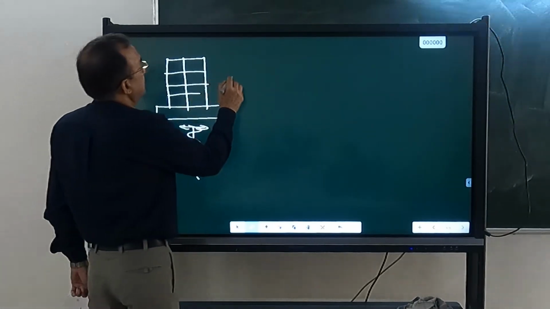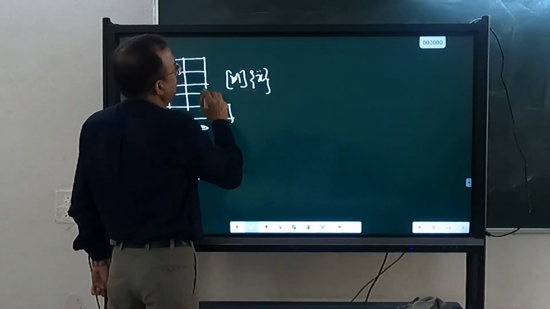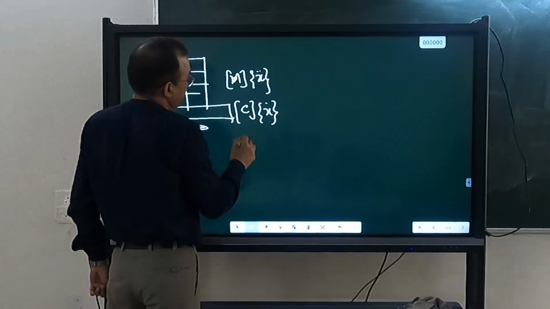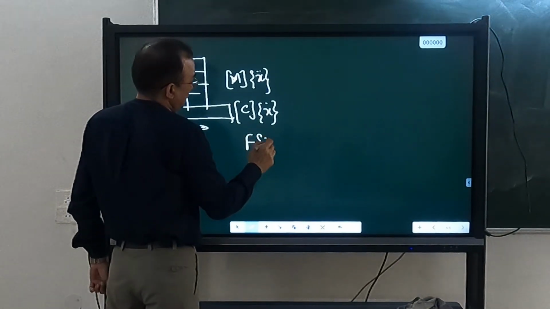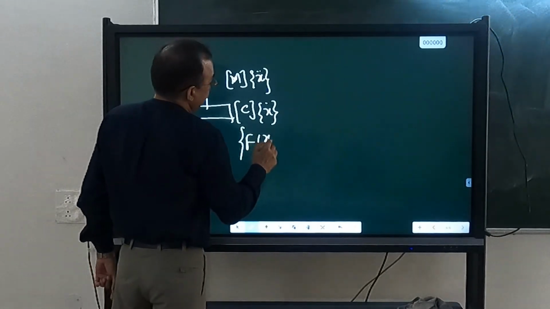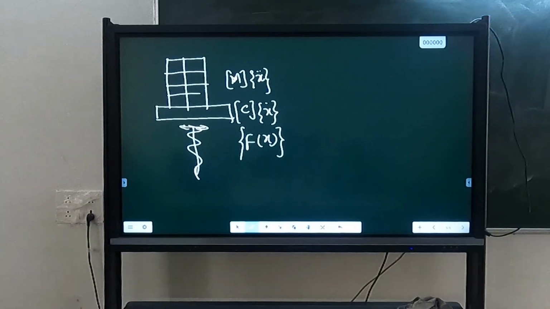Then M x double dot will also come from the experiment, C x dot will also come from the experiment, and Fx will also come from the experiment. Agree? How will they? No need to measure.